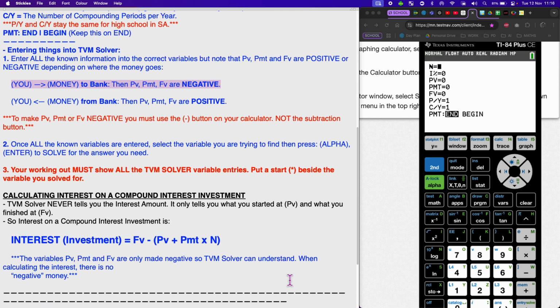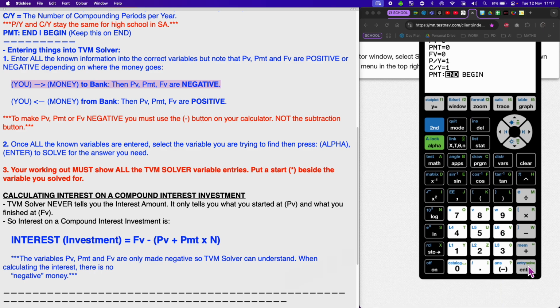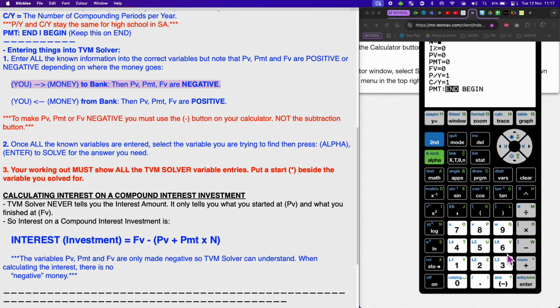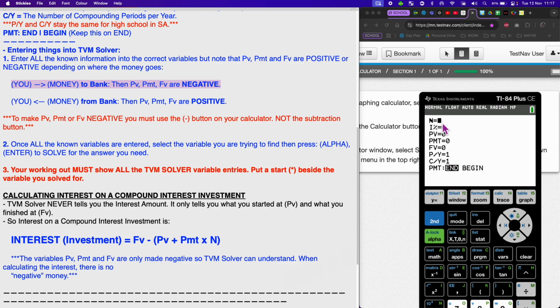So the way that this app works is once all the variables are entered, select the variable you're trying to find, and then you press, can you see on the calculator, on top of the enter button, is there green, solve? Does it say solve in green there? So what you do is once you've entered all the info that you know in the question, you highlight using the arrows the thing that you want to find out.